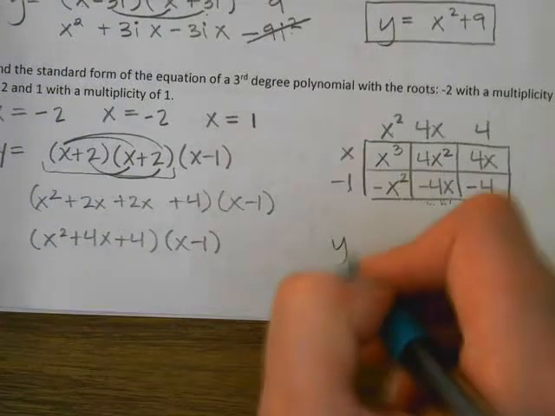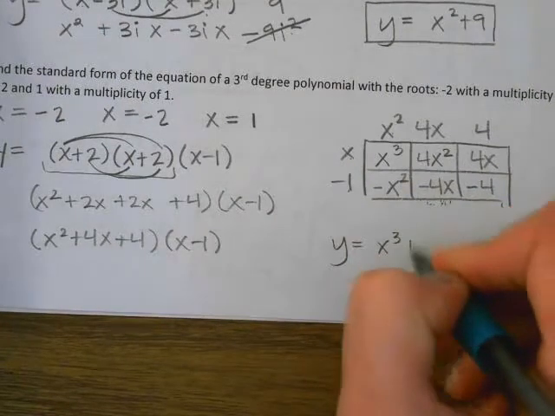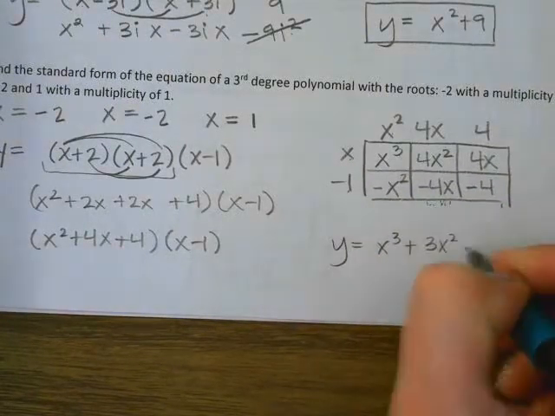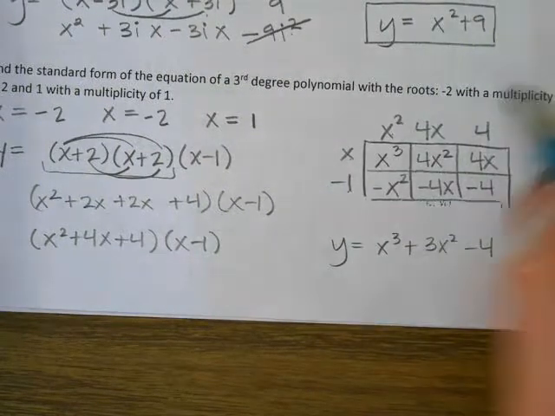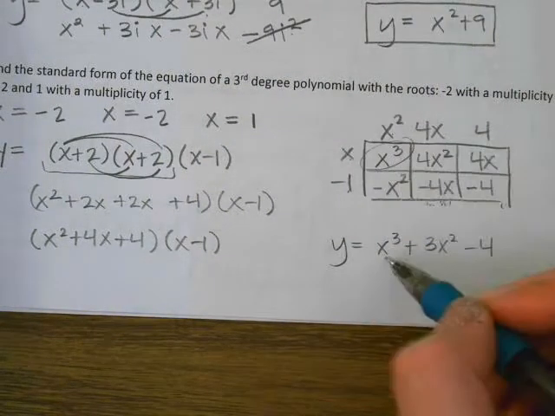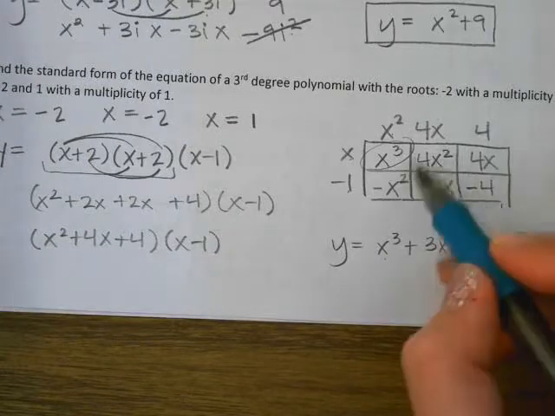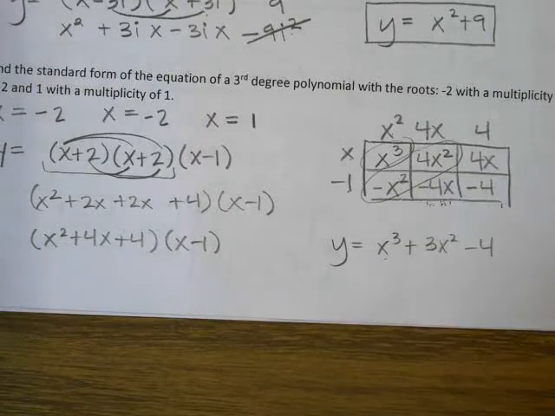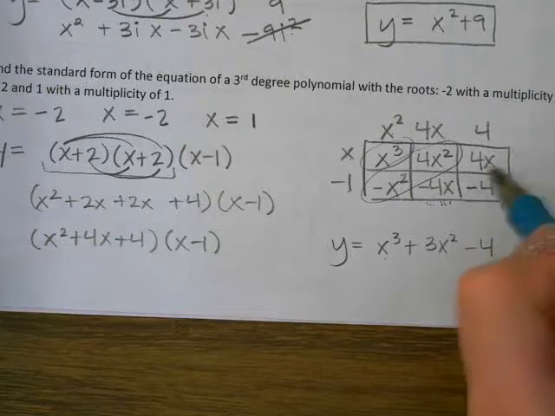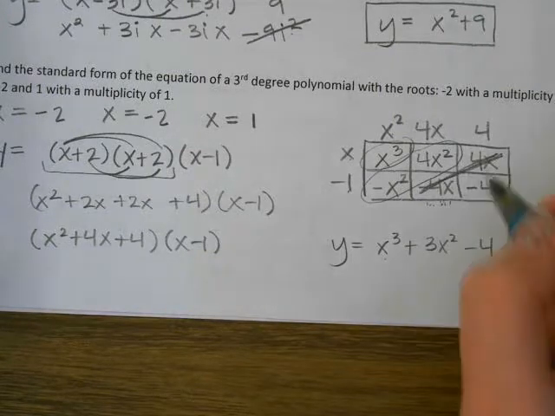Why is it x cubed plus 3x squared minus 4? Yeah, so if you look in your box, we can see we got the x to the third first. And then with the x squareds, they add up to 3. The x's cancel out. And then you got the -4 on the end.